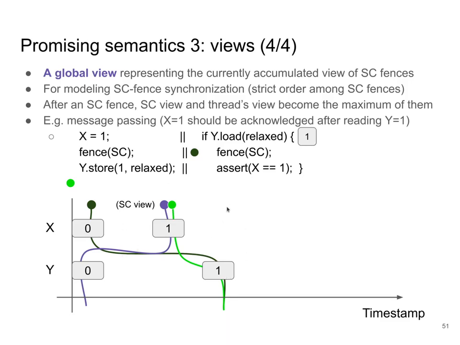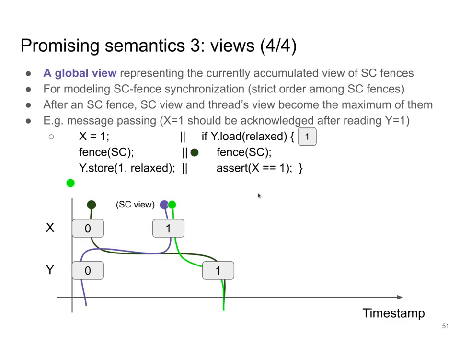The other effect is that the SC view already has this view, so my view is updated from x equals 0 to x equals 1, because I need to acknowledge what is already annotated with the SC view.